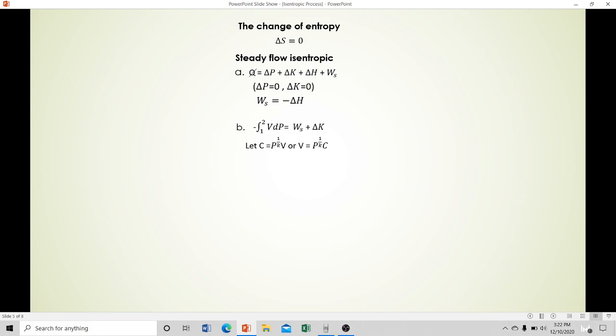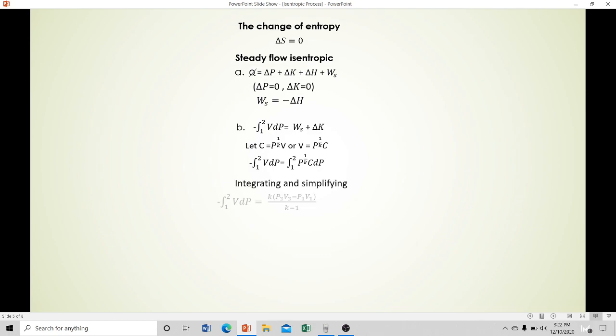Since C is equal to P raised to 1 over K times V, V is equal to C times P raised to negative 1 over K. So the negative integration of VdP can be rewritten as the integration of P raised to 1 over K times C dP.